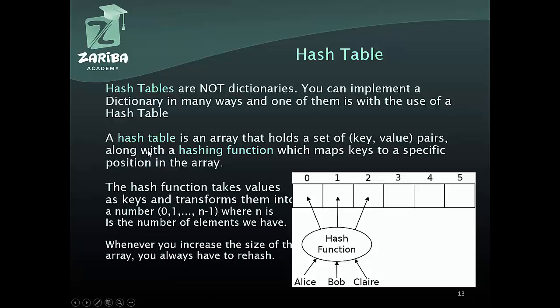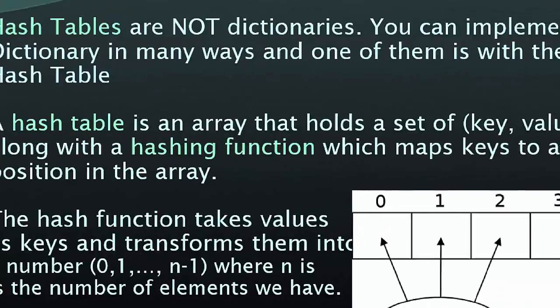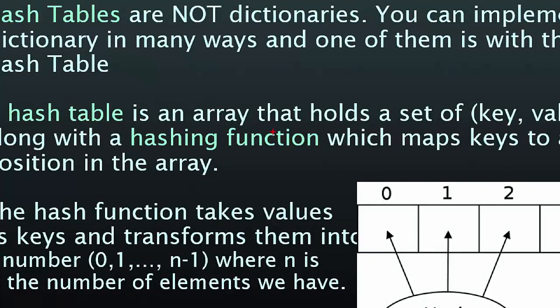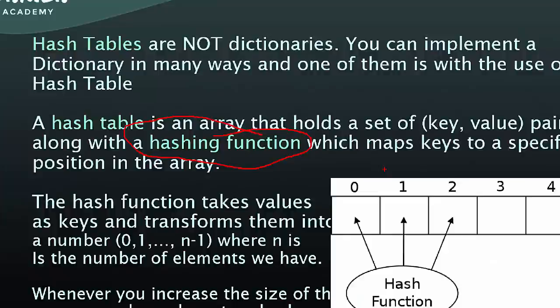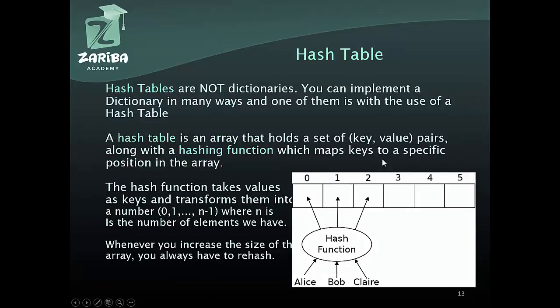A hash table is an array that holds a set of key value pairs. So it's like a dictionary, right? They're very similar, but it also has a hashing function, which maps keys to a specific position in the array.